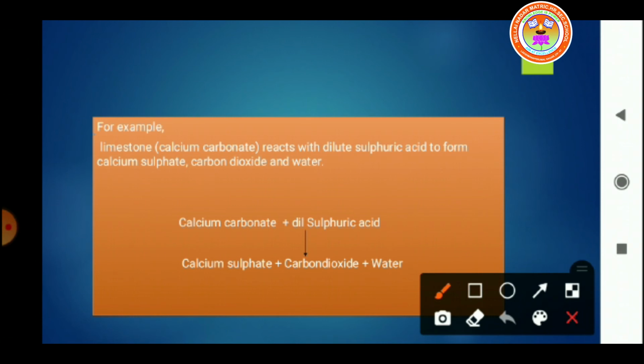See here, for example, limestone. Limestone is nothing but what? Calcium carbonate. This calcium carbonate, that is limestone, reacts with dilute sulfuric acid to form calcium sulfate. This is a salt, that's why it is called a metal salt, isn't it?